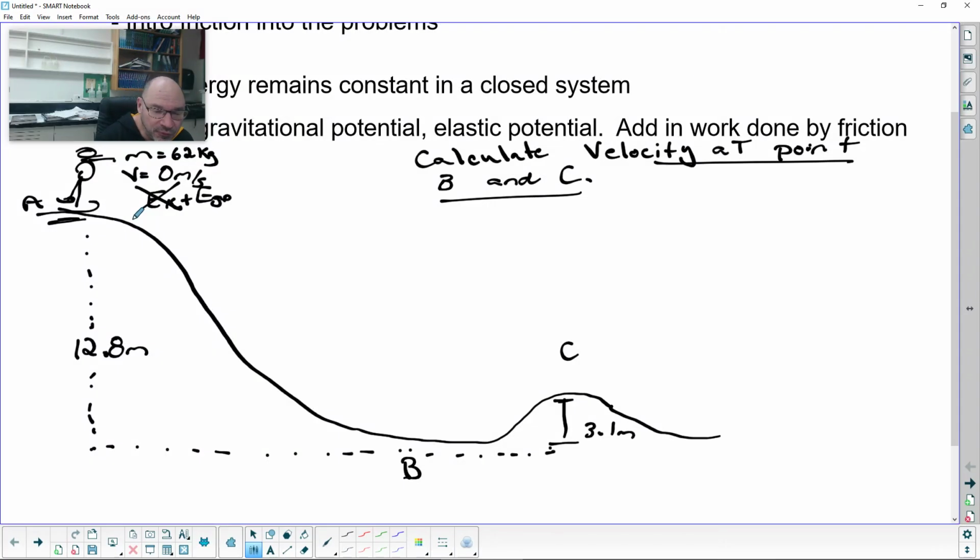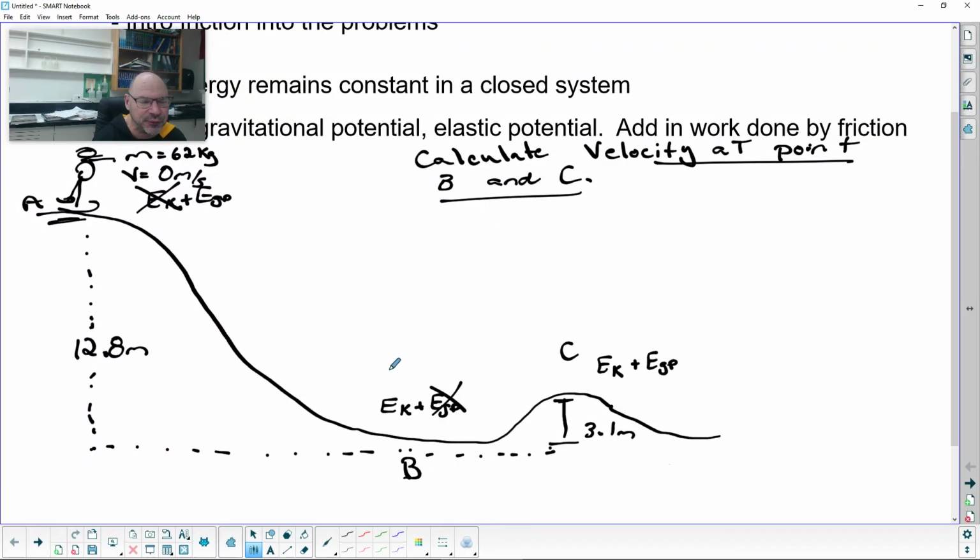At point B it has some kinetic energy plus some gravitational energy, but it's right at the bottom of the hill, so the height there is zero. And at point C we do have some kinetic energy plus some gravitational energy.